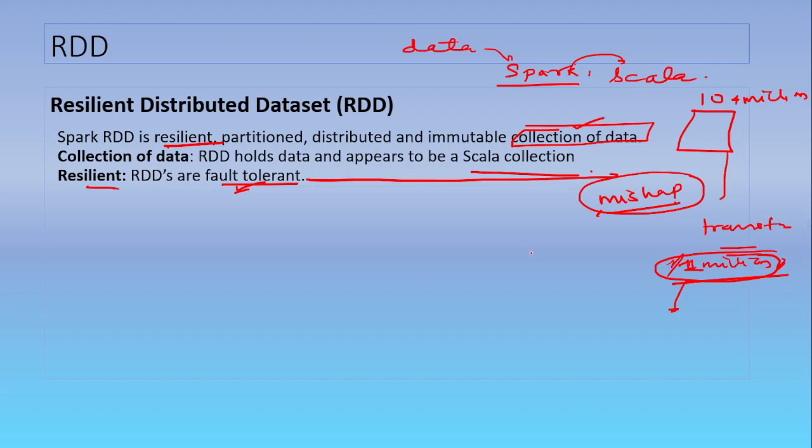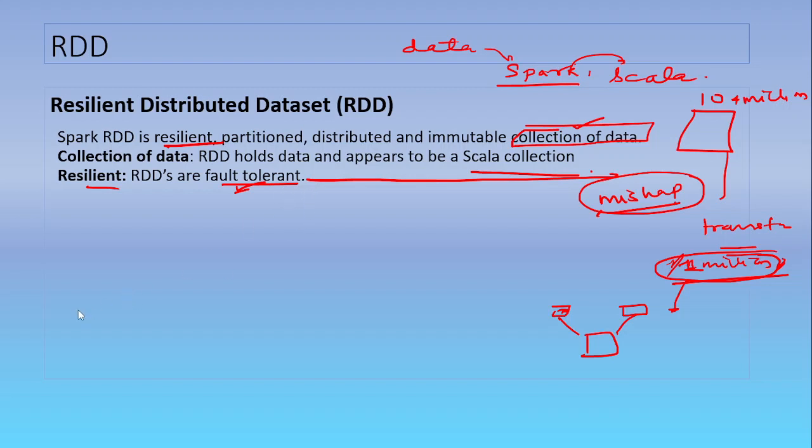We are talking about clusters. We have a driver node, we have a worker node, and inside that we have cores. Anything can happen. If a core fails and your data sits in it, not to worry, RDDs are fault tolerant. You will get your data back, and you do not miss any of your transformations.